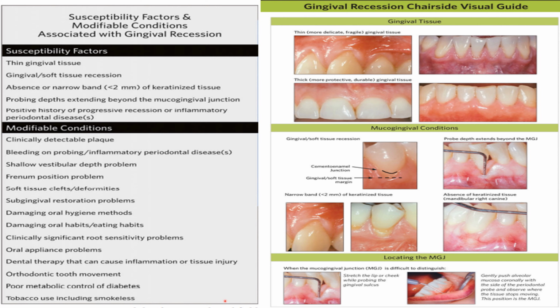So, whenever these conditions are corrected or modified, they can reduce the chance of development of gingival recession.